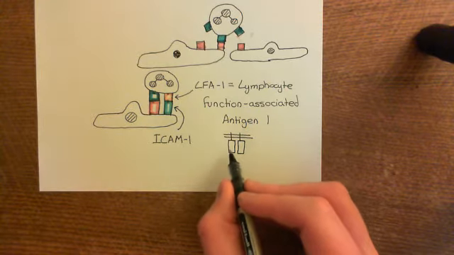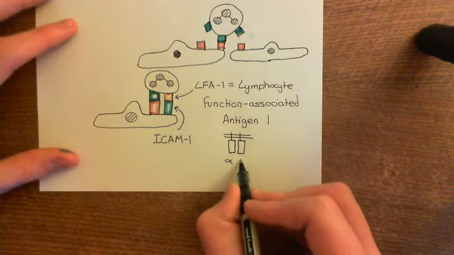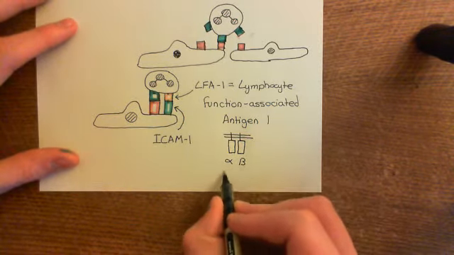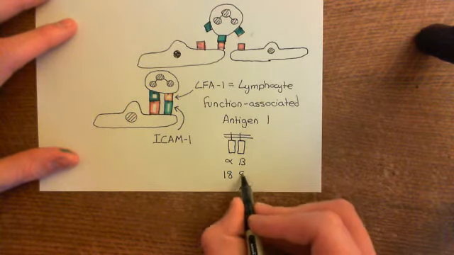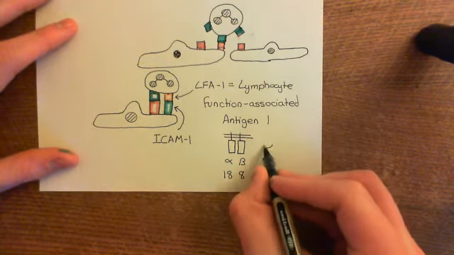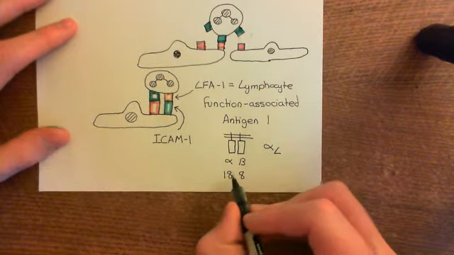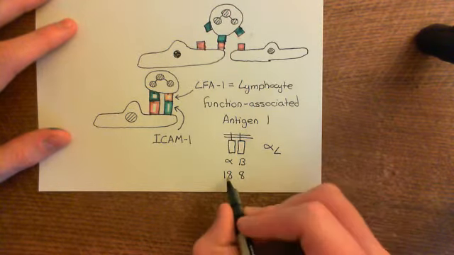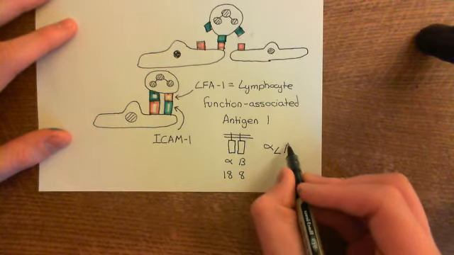Now, there are 18 different alpha subunits which you can use. So let's say this is the alpha subunit here, and this is the beta subunit. There are 18 different alpha subunits that exist in the human genome, and there are 8 different beta subunits. Now LFA1 is specifically made up of the alpha L alpha subunit, one of the 18, and also the beta 2 subunit.